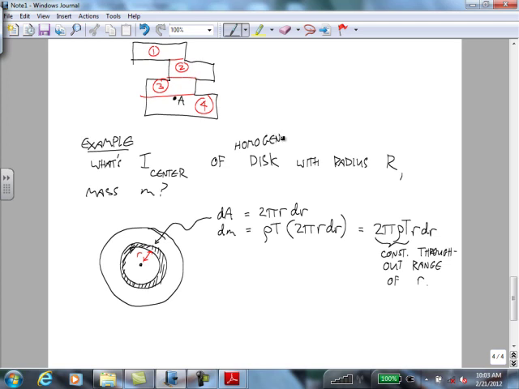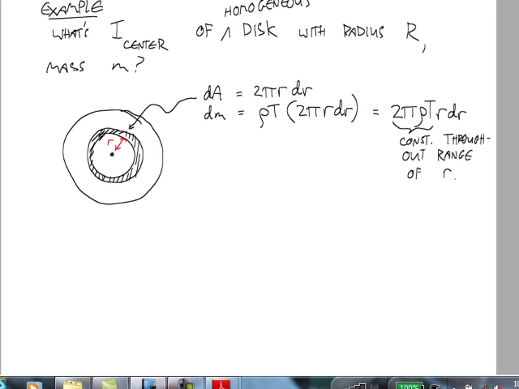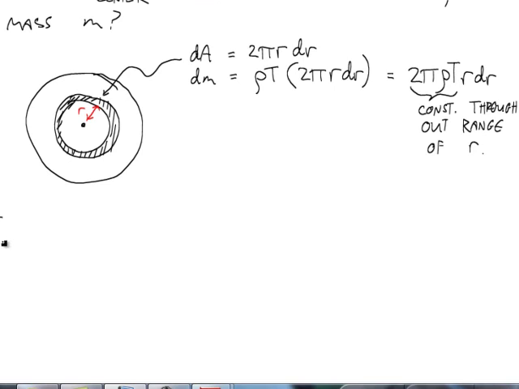Okay, so then the moment of inertia about the center is equal to the integral of r squared, this is just straight from the definition I gave you, times this increment in mass, 2 pi rho t r dr. And what's the range of r? Yeah, exactly.